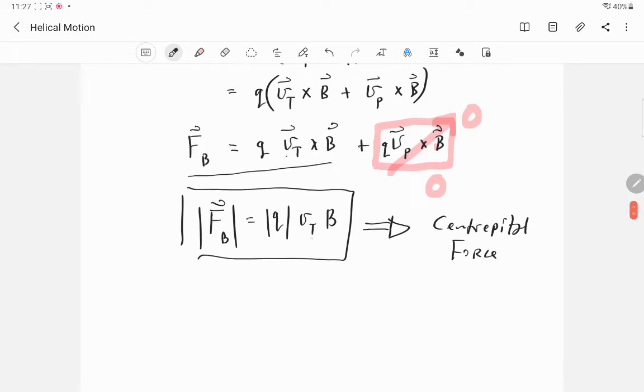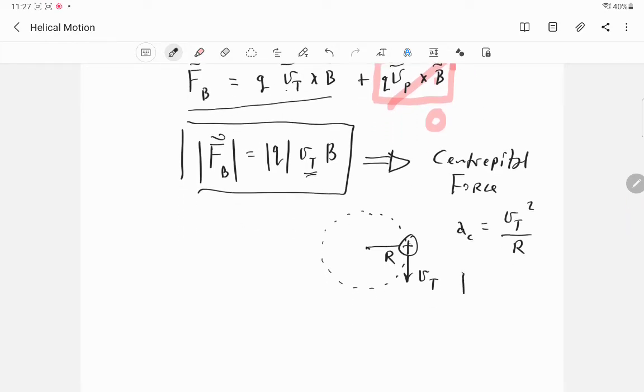And so this transverse velocity is going to be the speed of the circular motion. Our little positive charge is going to circulate on the circle with V transverse. It's going to have a centripetal acceleration, which is V transverse squared divided by the radius, right?